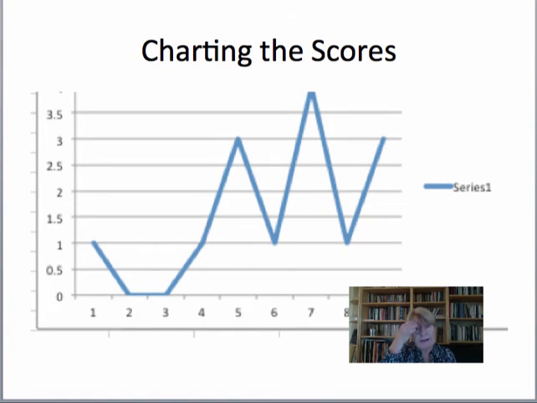Well, I went ahead and charted the scores, and this is what you can do. The vertical axis lists the number of people getting a score. So one person getting a score, two people getting a score, three people getting a score, and so on. And the horizontal axis, I've clustered the scores into groups of 2.